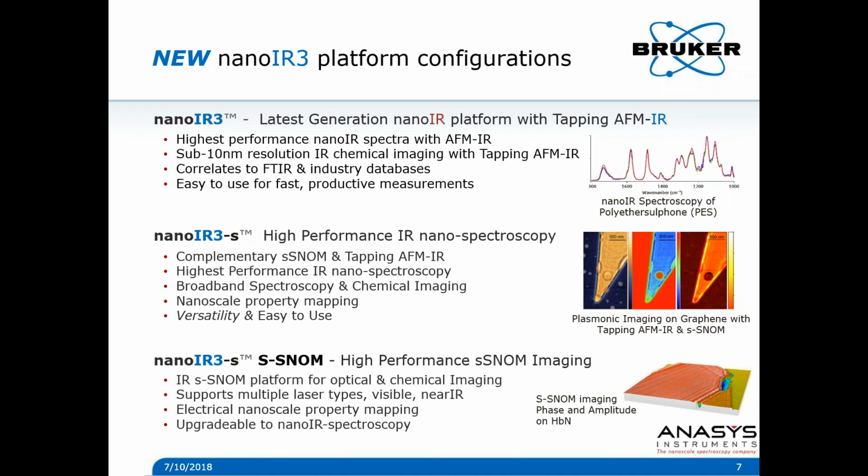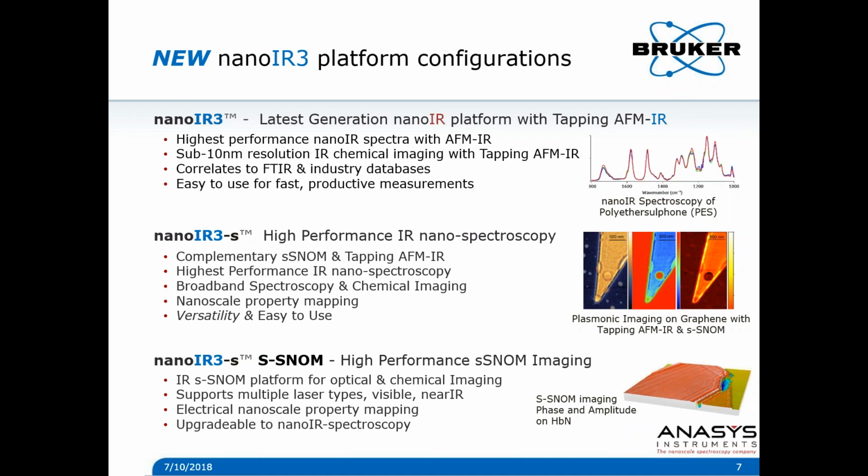It gives high performance Nano IR spectroscopy. We'll go into that in a little bit more detail. It gives sub 10 nanometer resolution chemical imaging, and it has the same ease of use and high-speed measurements that you would expect from the previous Nano IR platforms.